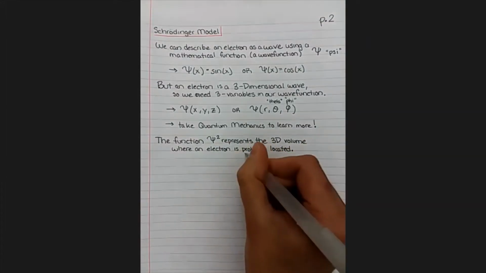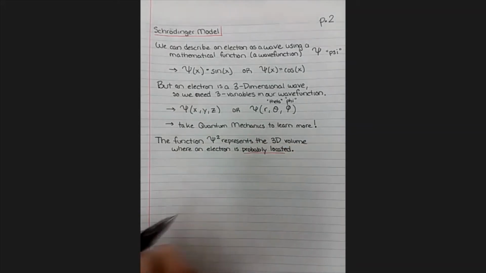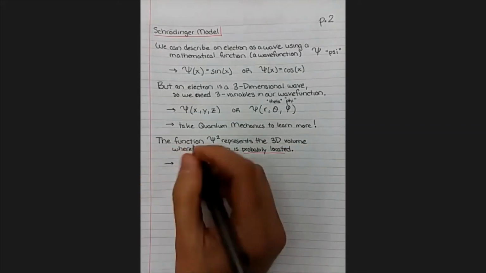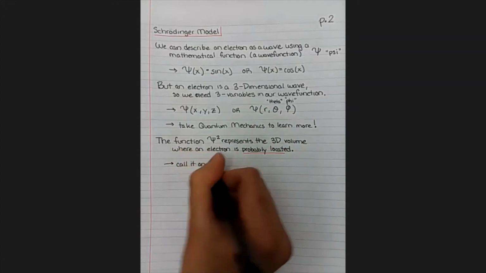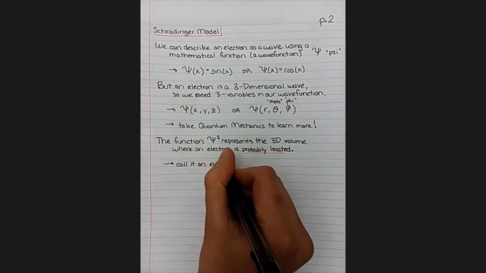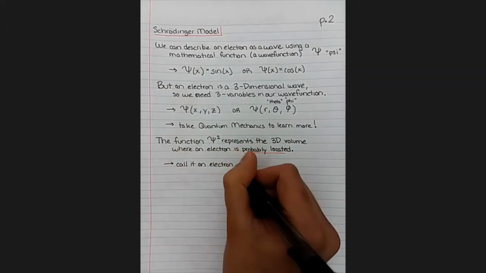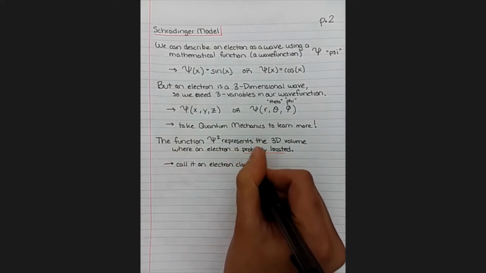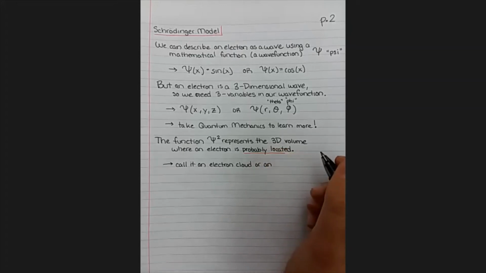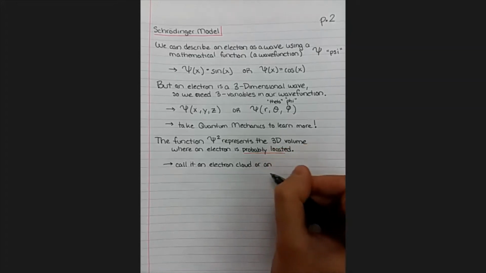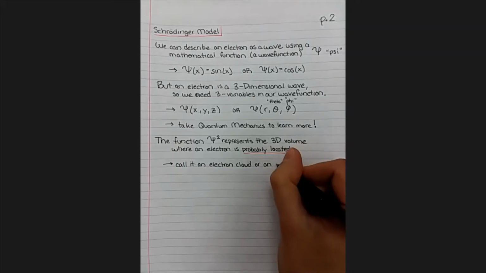So sometimes it's called the probability density, but usually we call it an electron cloud, sort of like a three-dimensional area where we might find it. Or in reference to the Bohr model, where they called the path an electron followed an orbit, this three-dimensional area is usually called an orbital.